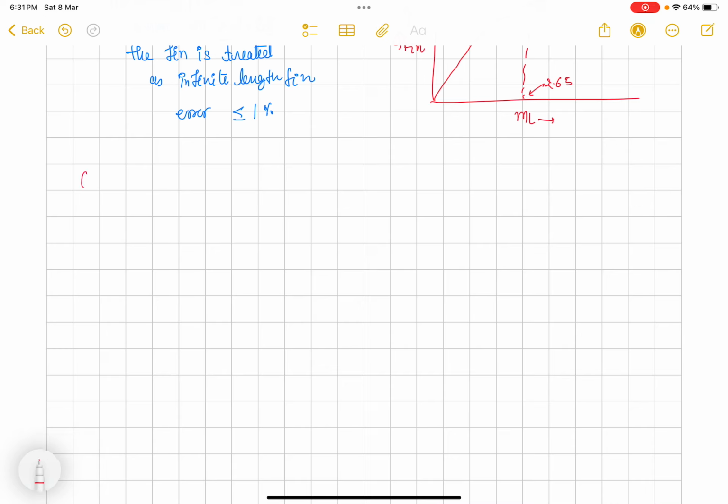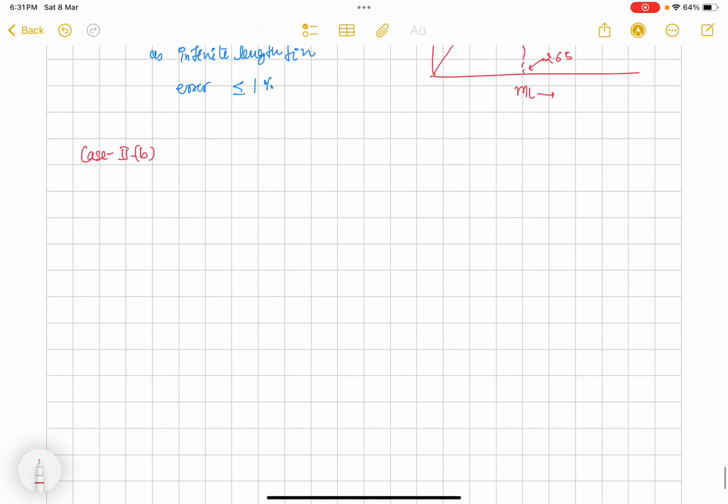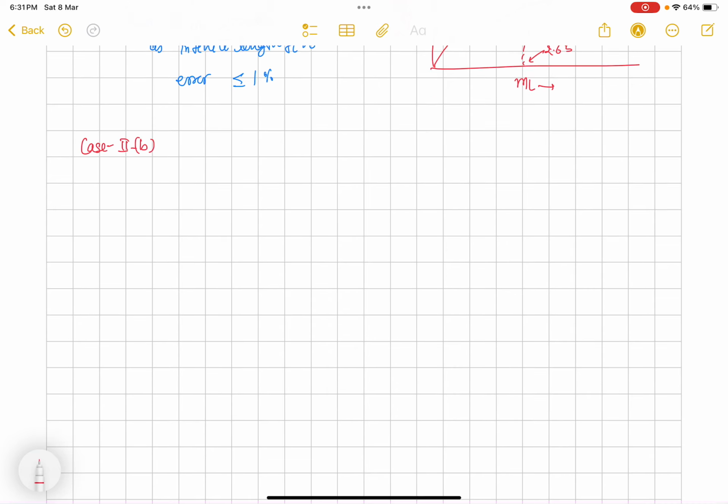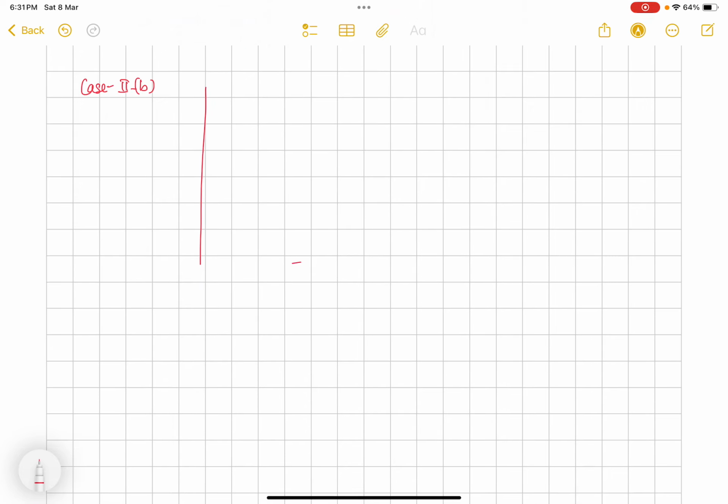So case 2b, if we see, let's say this is our fin, at base temperature Tb, at temperature TL at x equal to L, and apart from the lateral side, it is also convecting heat from the tip as convection.